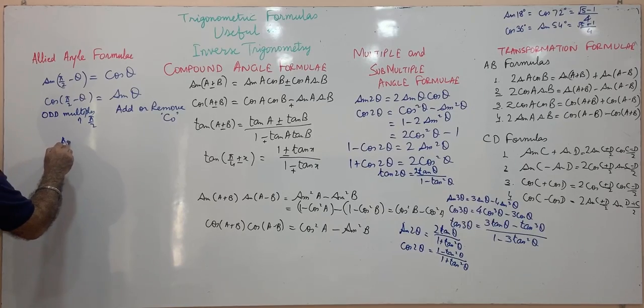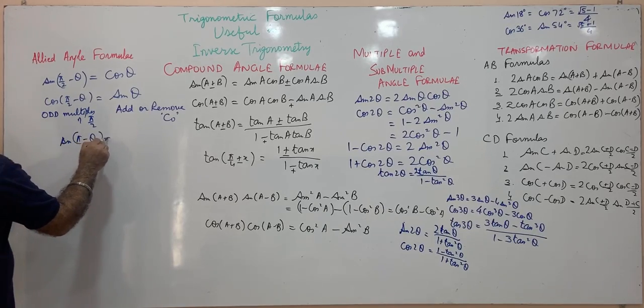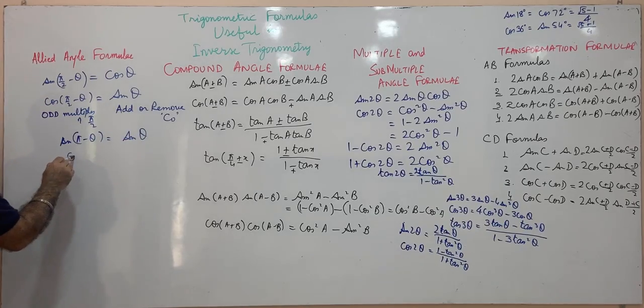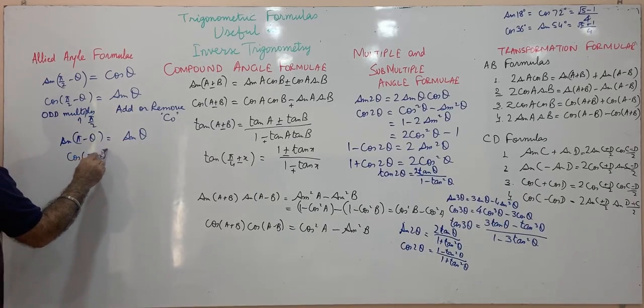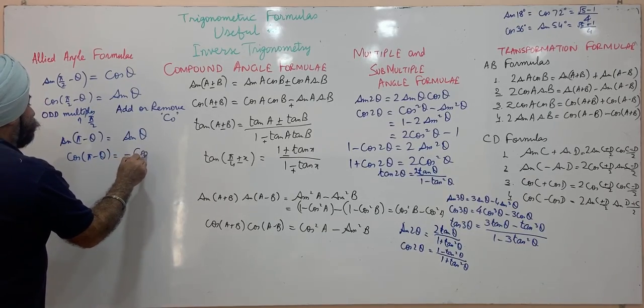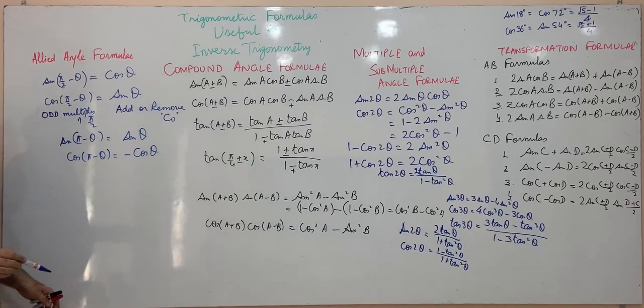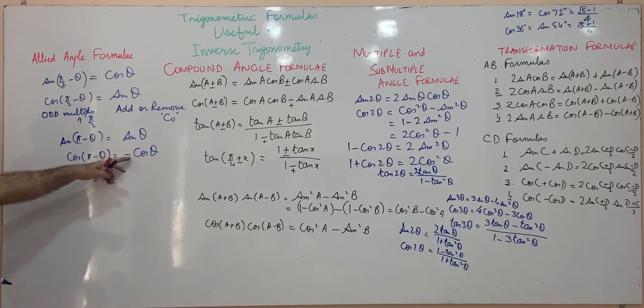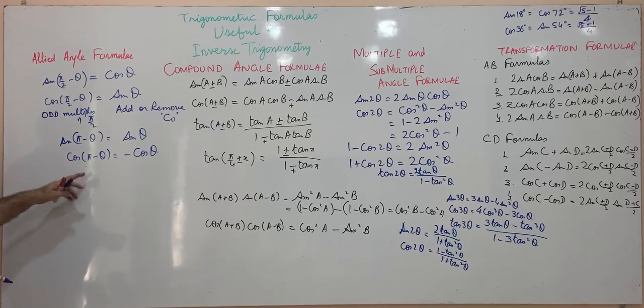And if we have sine of (pi minus theta), this will be sine of theta. Cos of (pi minus theta) is minus cos of theta. So what is the rule here? In case of pi, that is even multiples, we don't change the trigonometric ratio. Then how do we have different signs?